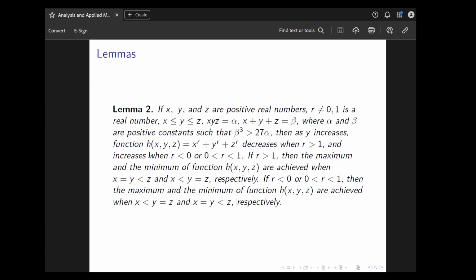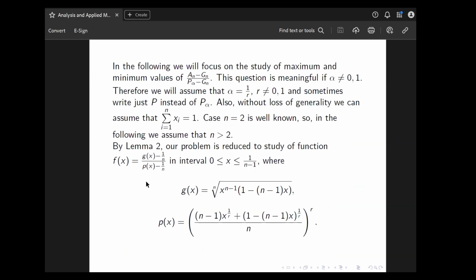If you remember in this lemma, we proved that maximum or minimum can occur only when out of 3 numbers, 2 are equal to each other. So there are n numbers, x1, x2, ..., xn. For any 3 of them, 2 of them should be equal to each other. This means that we can assume that n minus 1 of the numbers is equal to x, and the remaining number is equal to 1 minus x. So we can assume this automatically.